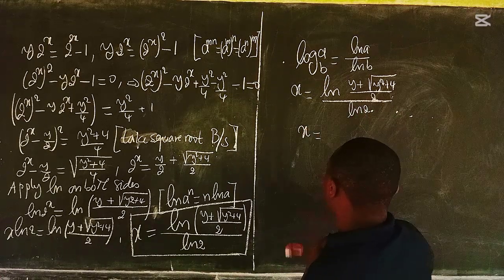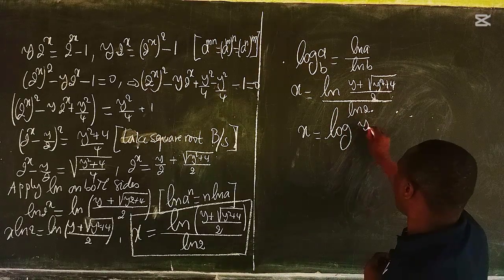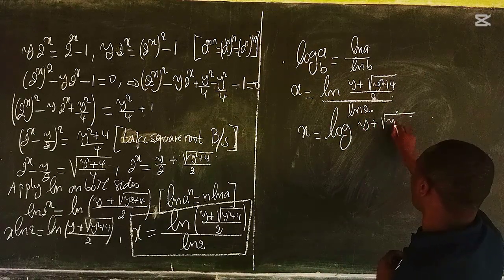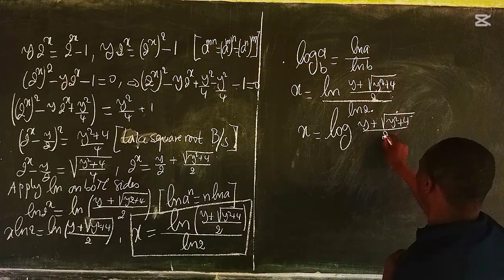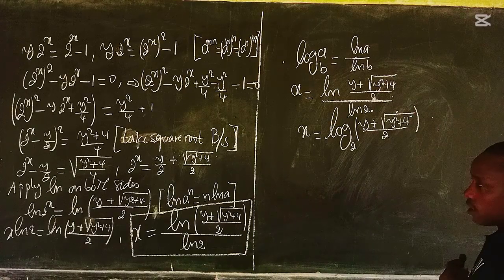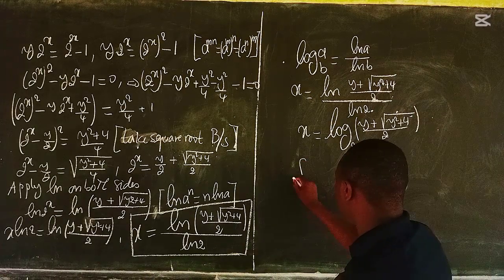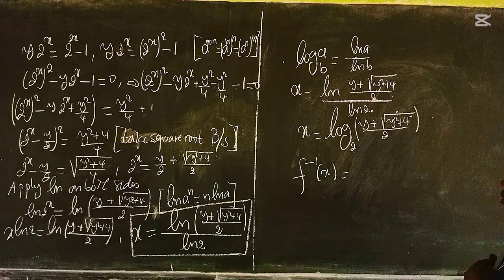This x can be written as a logarithm of y plus the square root of y squared plus 4 over 2 in base 2.